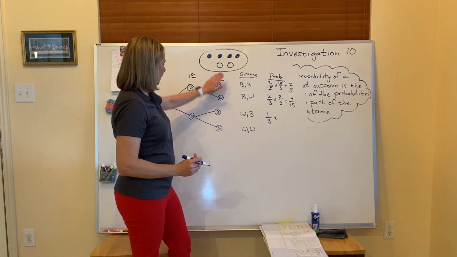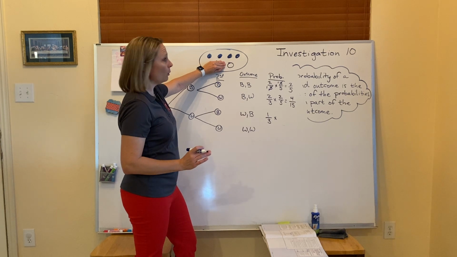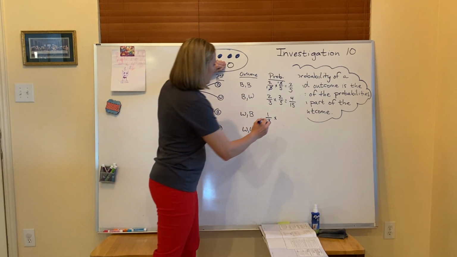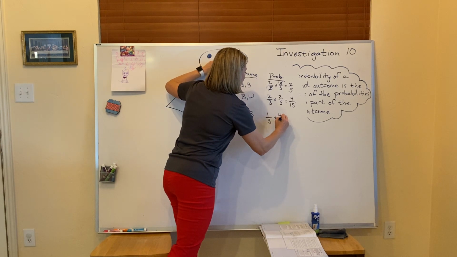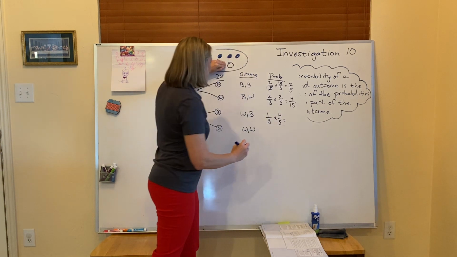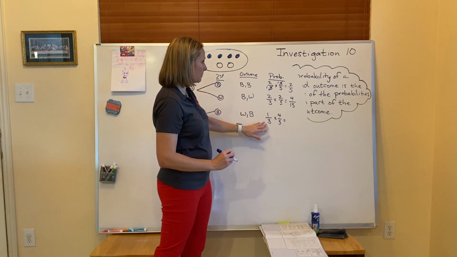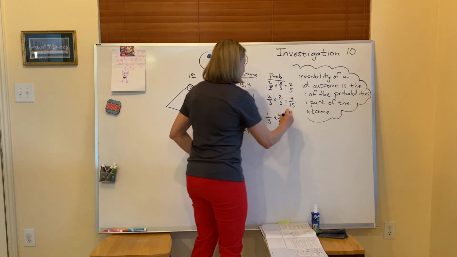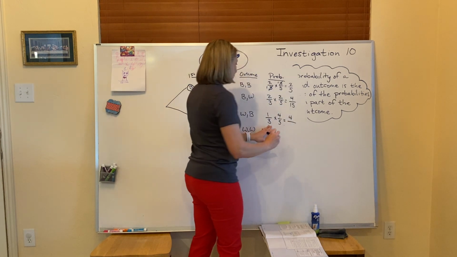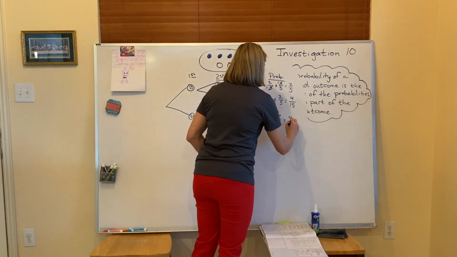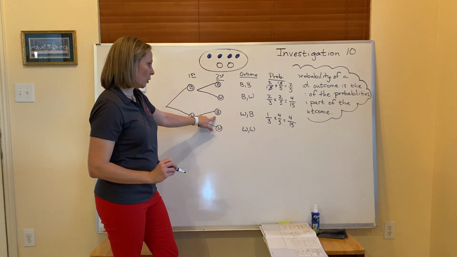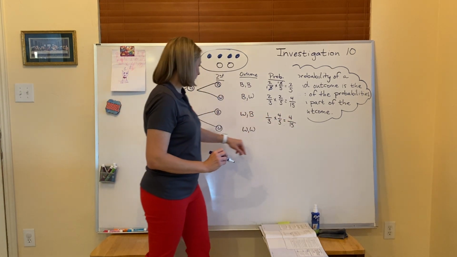So how many blues are left? Well, we're missing a white. There are 4 blues out of 5 total marbles. So we have a 4/5 probability of drawing a blue the second time. We multiply our 2 outcomes. 1 times 4 is 4. 3 times 5 is 15. So our probability of drawing a white and then drawing a blue is 4/15.